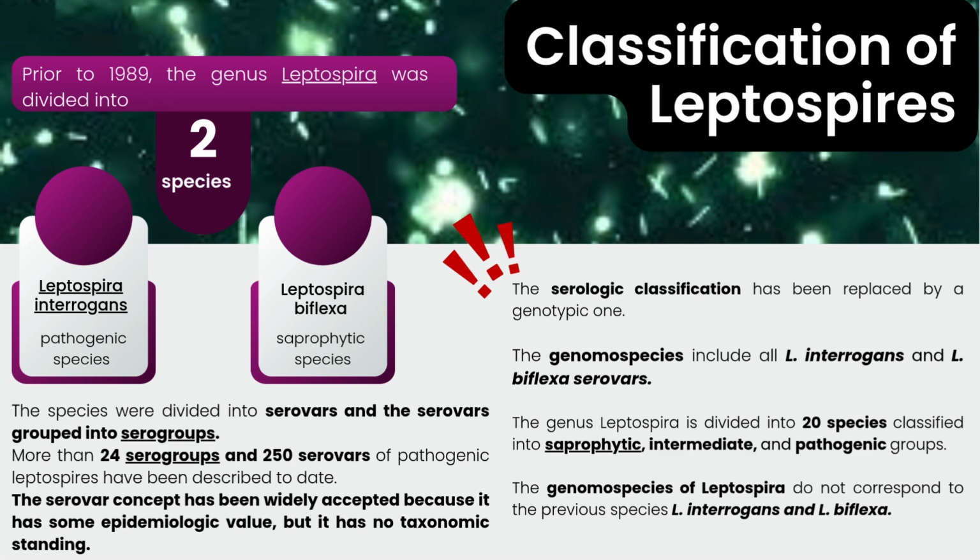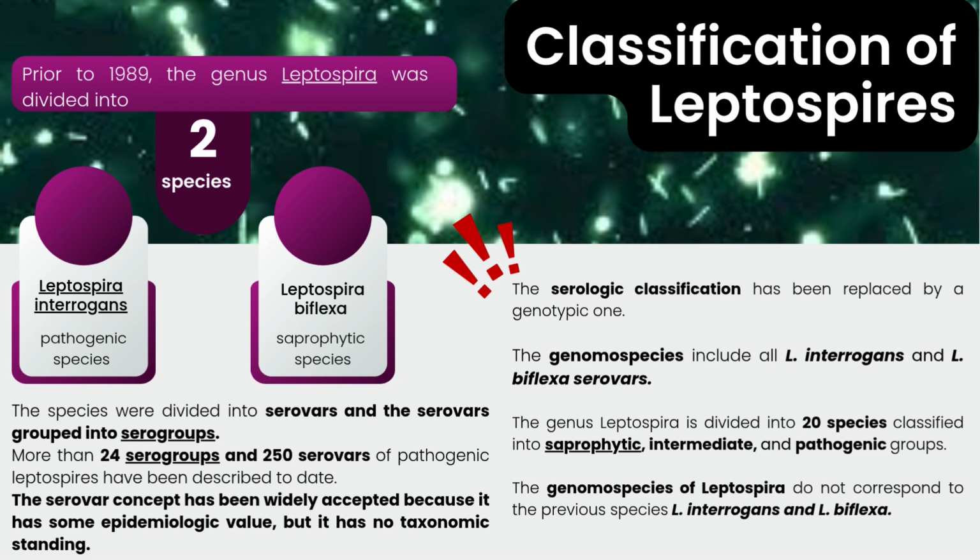Now we use a genotypic classification system, and this modern approach helps us better understand the genetic relationships and epidemiology of these organisms. There are over 24 serogroups and 250 serovars of pathogenic leptospires known to date.